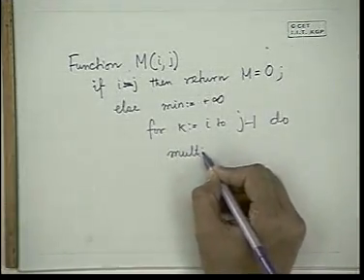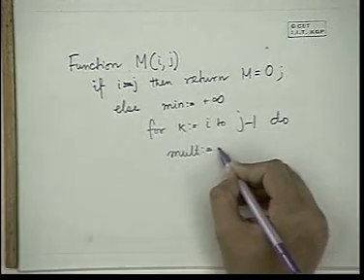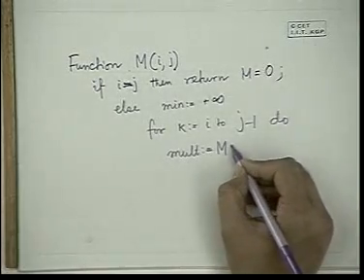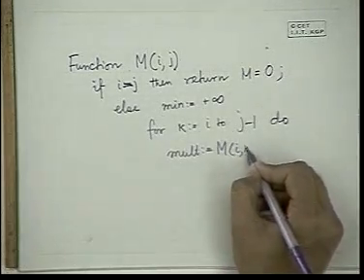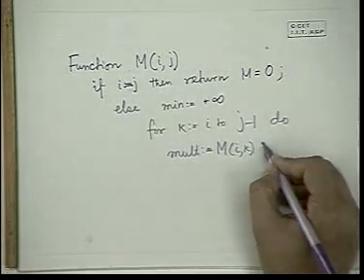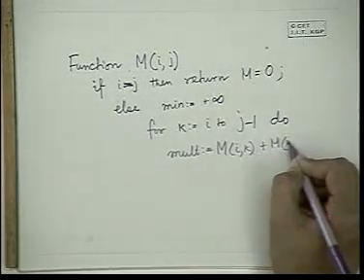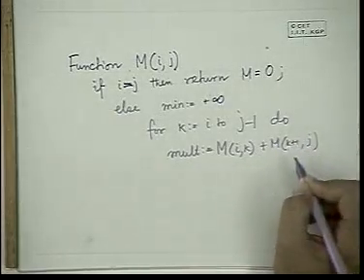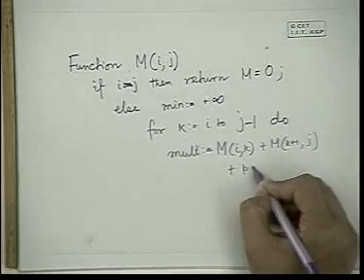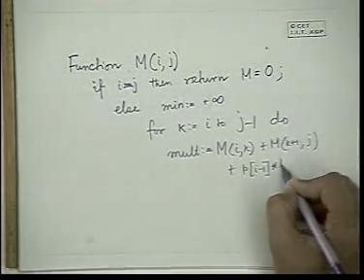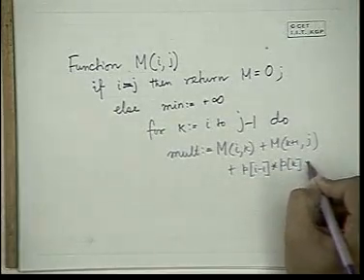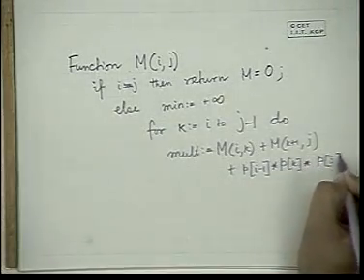mult is equal to, you call this function mij again, with the parameters mik, and again another call mk plus 1 j, plus, I'll tell you why we are doing this, p i minus 1, pk, pj.